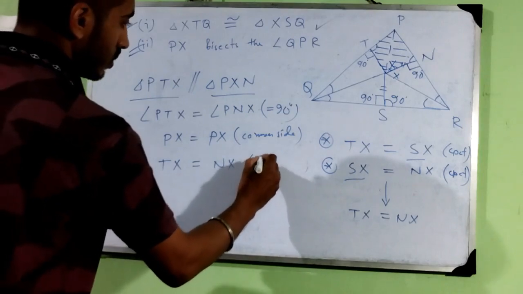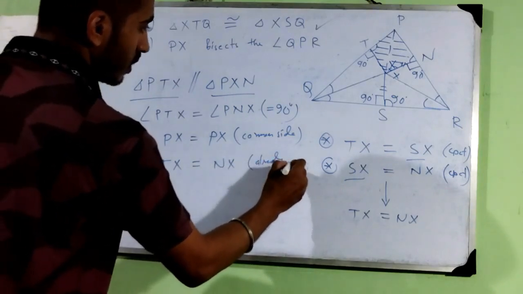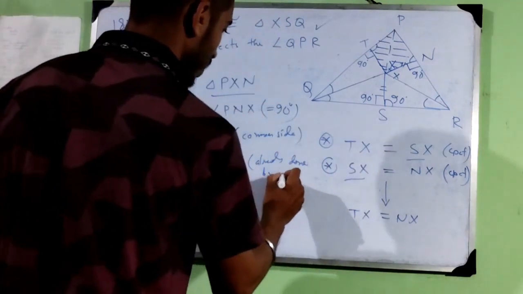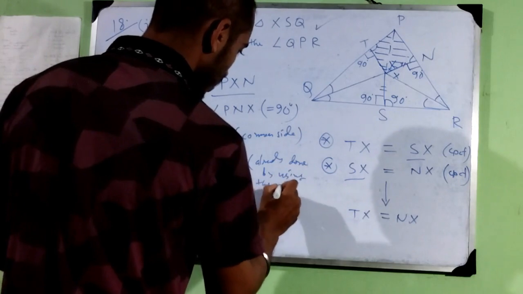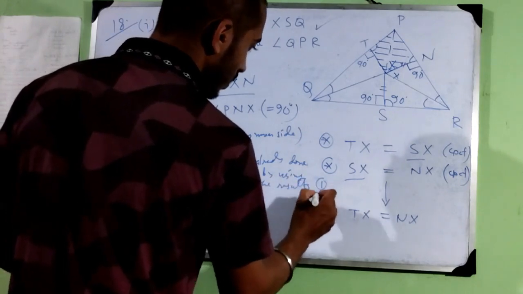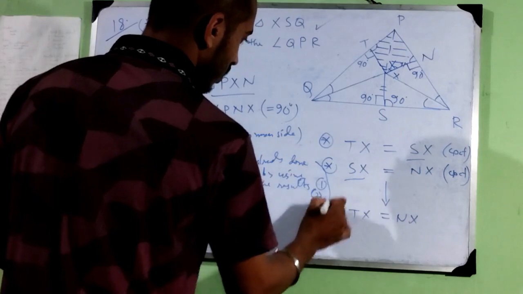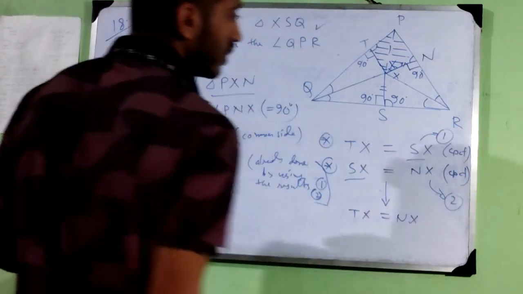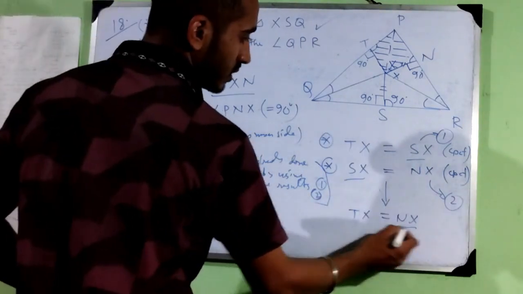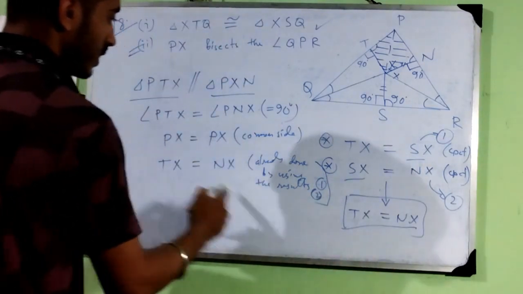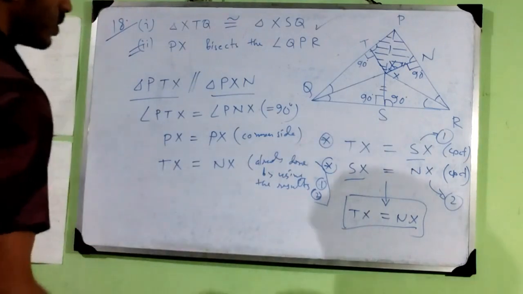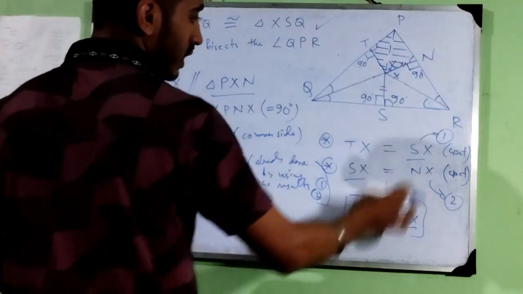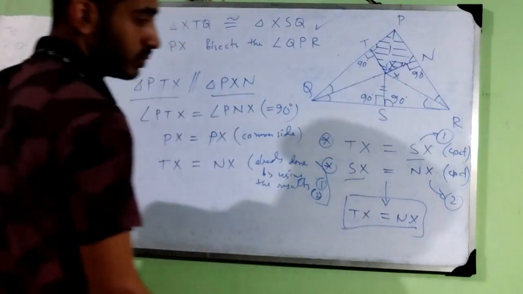We've already done it by using the results 1 and 2. You might name this relation 1 and this relation 2. We write it here because this side TX is equal to NX. That's why the relation is needed and important too.